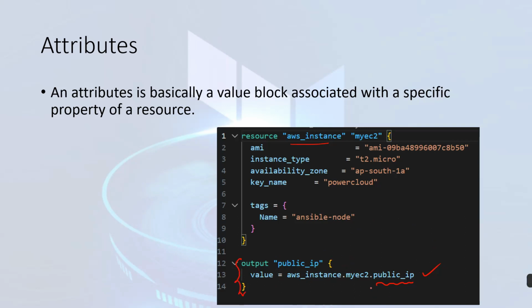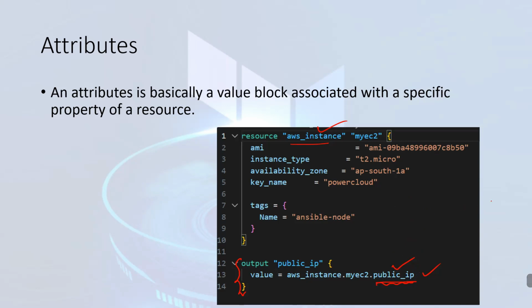Here the value equals aws_instance.my_ec2, which means it will fetch these things, aws_instance.my_ec2, then dot public_ip. It means that when the instance is created, after that it will fetch the public IP. So public_ip here is the attribute.